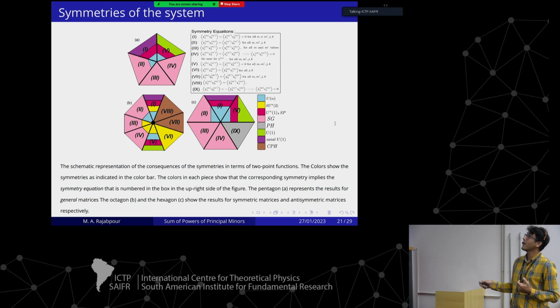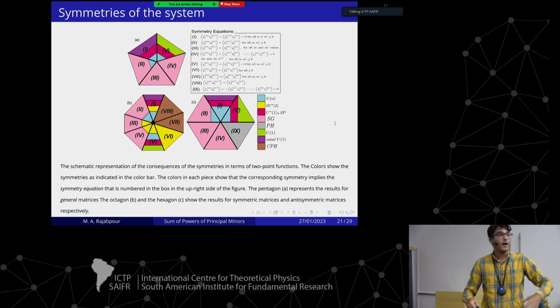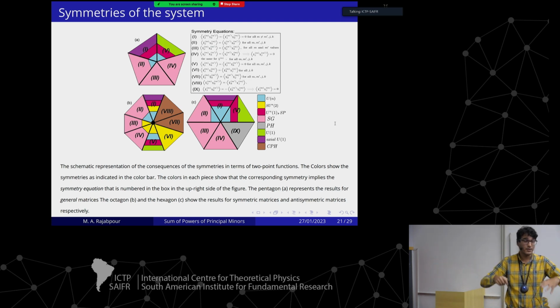For example, for the SUN2 for symmetric matrices, it forces, for example, VI, which is this one. So you can make your table of what each symmetry is doing for different kinds of matrices.